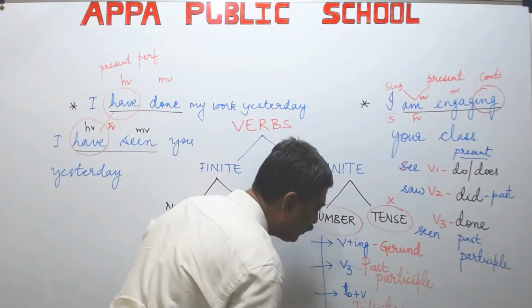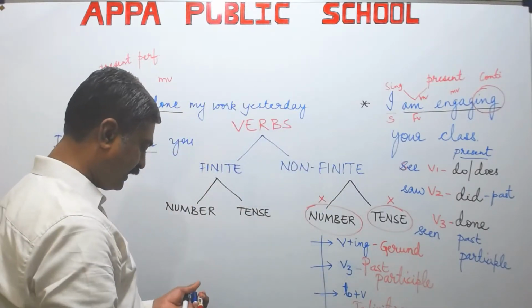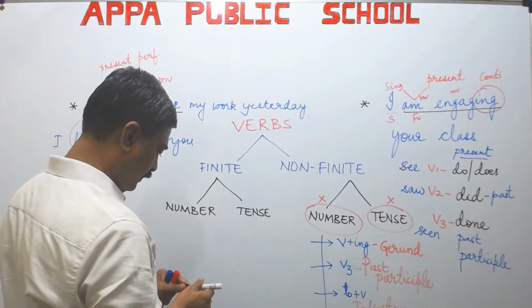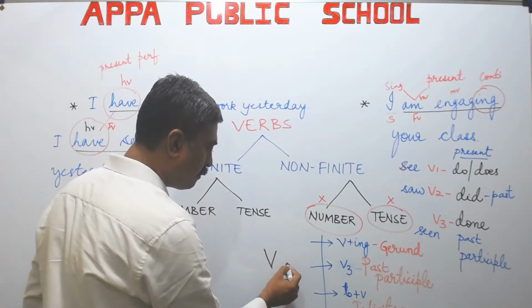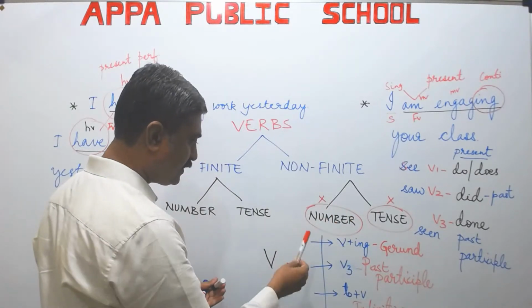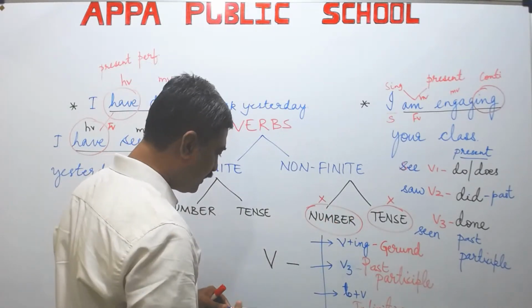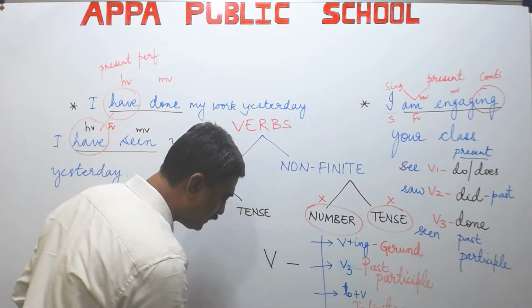Now why do these three become necessary? If I take all the verbs in the family and minus these three non-finites, the remaining verbs are all finites.